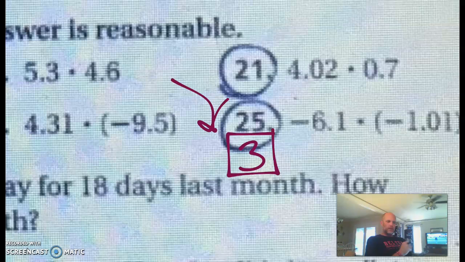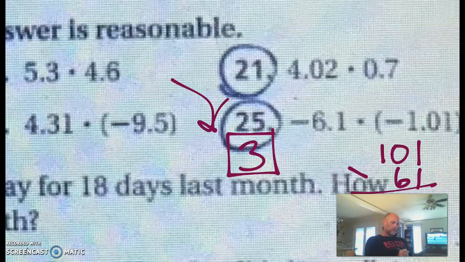61 times 101. So 101 times 61. All right, so right here, I'm just multiplying 1 times 101, right? That's easy money. 1 times anything is whatever itself is. So the first product is 101. So let's put our placeholder in down there because we've already multiplied that spot. And now 6 times 101. 6 times 1 is 6. 6 times 0 is 0.